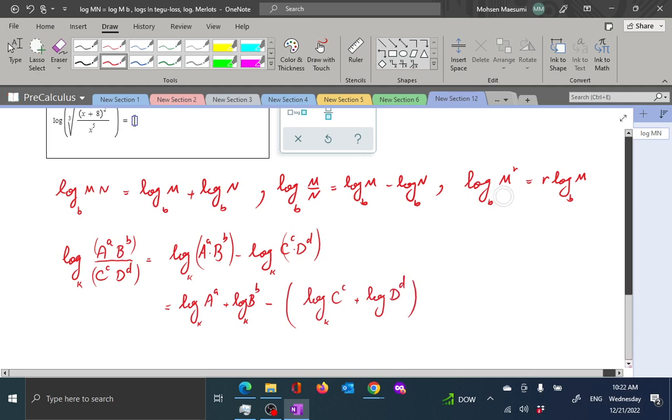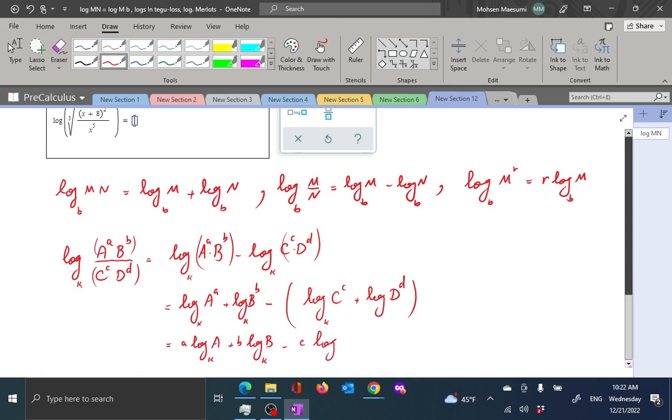Next we can apply this power rule here, which tells us that the exponent comes in front. So to simplify, it becomes little a logarithm of a plus b logarithm of b. Let me take the minus inside, so c logarithm of c, and this minus comes in front of this as well, logarithm of capital D. These are base k, all of them.